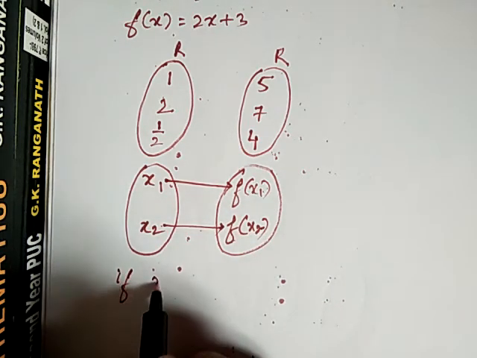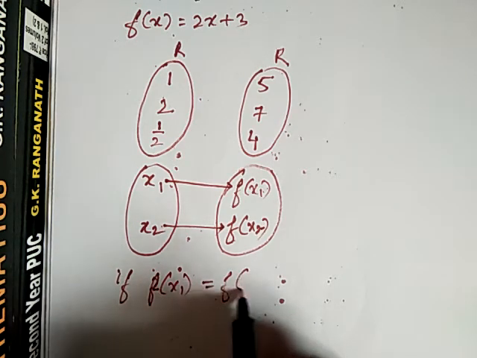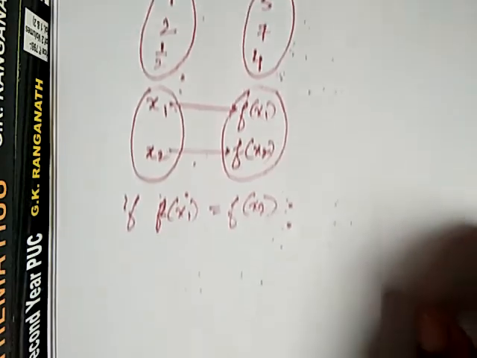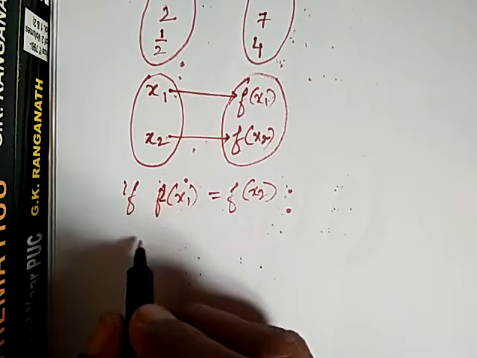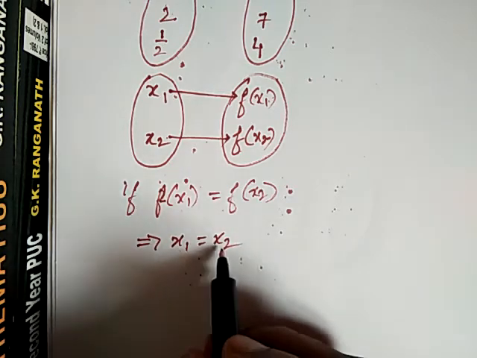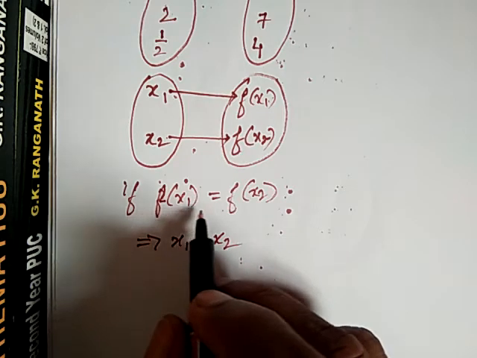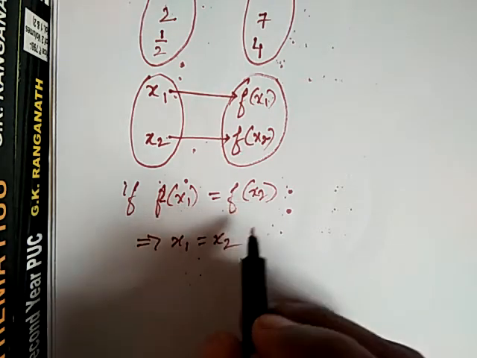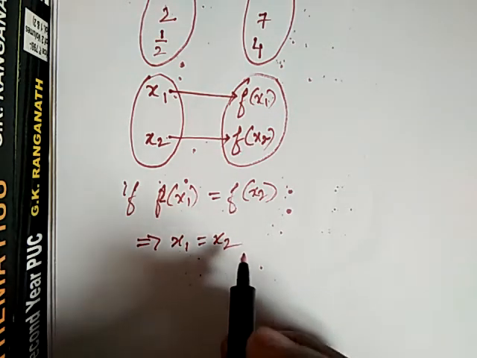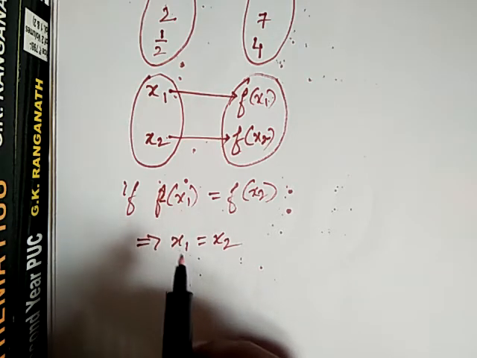If it happens like this, that implies x1 is equal to x2. If x1 is equal to x2, then f of x1 is equal to f of x2 must hold. If f of x1 is equal to f of x2, then x1 is equal to x2. This is the algebraic meaning of a one-one function, that is, an injective function.